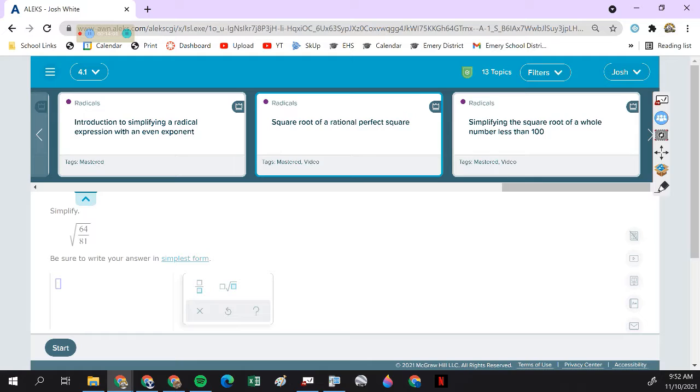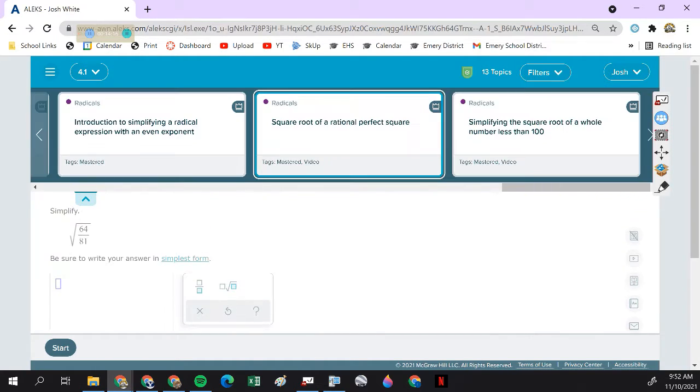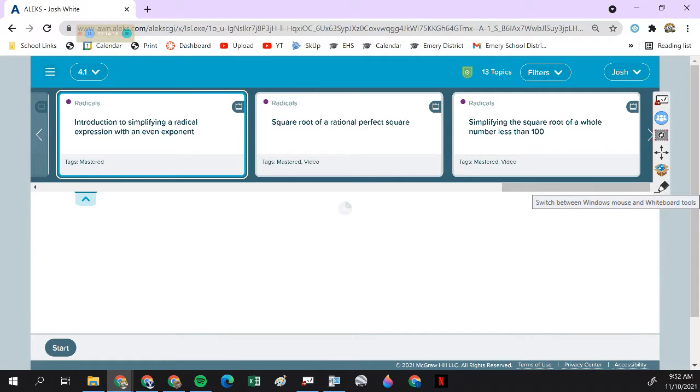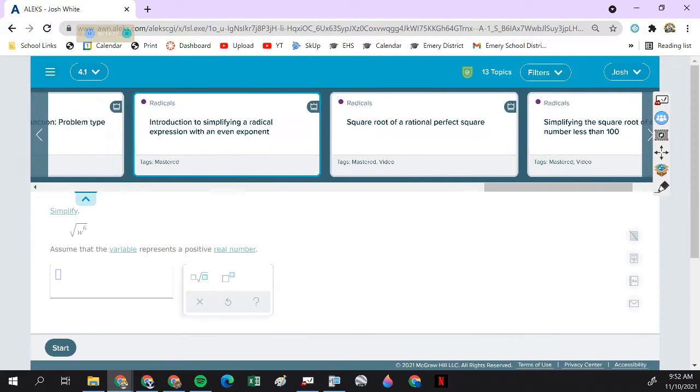So the square root of the top in this case is 8, and the square root of the denominator is 9, so the answer here is just 8 over 9. Okay? And your calculator, this one would work, but there are others that your calculator is going to give you a decimal. Okay? So we covered that.